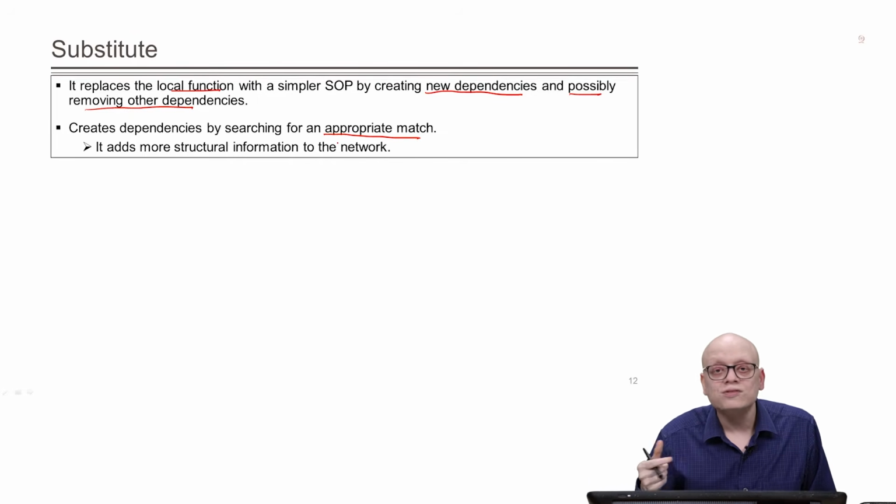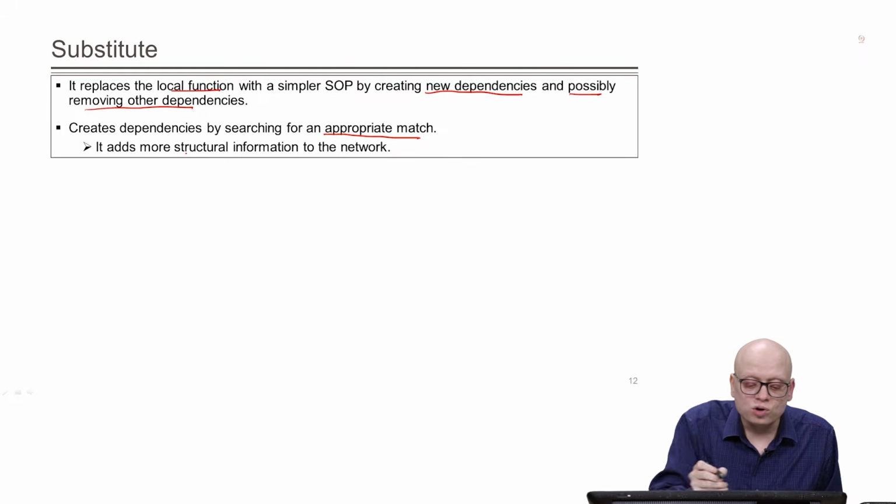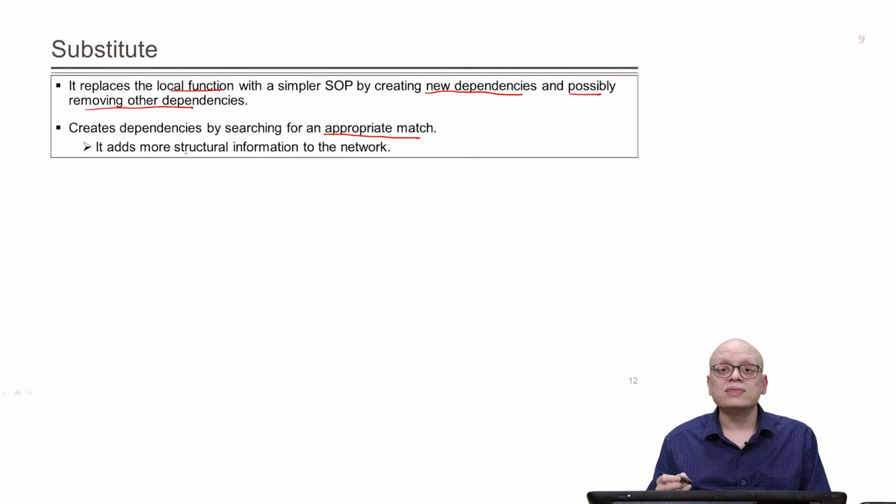Those kinds of dependencies have to be explored. Now it adds more structural information to the network, and therefore it is a more difficult task than eliminate and simplify, because those were easier to do, and they were not adding structural information, but eliminating structural information or working on a local Boolean function.